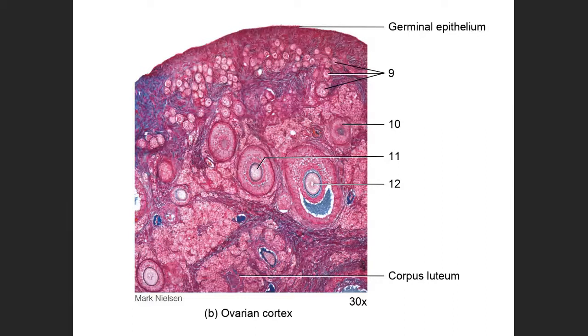In this picture, you can see number 9 are primary follicles. Number 10 again is primary. 11 is primary, but you see that they become bigger and bigger. And number 12 is the secondary follicle.